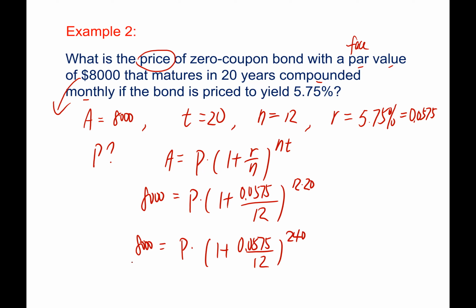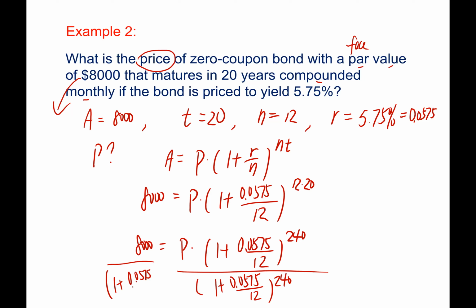Now all you have to do is divide both sides of the equation by this exponent term, 1 plus 0.0575 over 12, to the 240 power. Same thing on the left. And then you cancel the exponent on the right, and the principal is by itself.